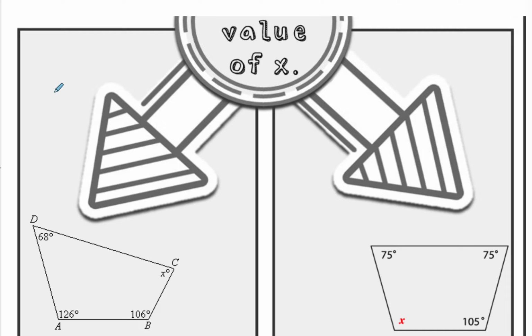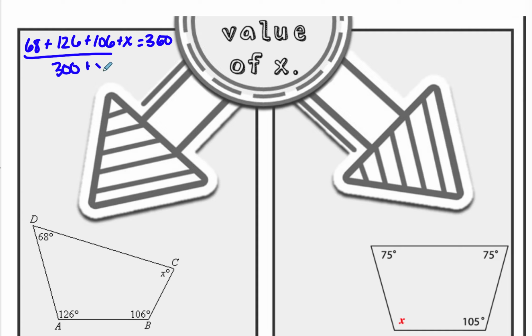Okay, let's take a minute to check our answers. So here I have 68 plus 126 plus 106 plus x equals 360. We're going to go ahead and add together the things that are like terms on the same side of the equation. So 68 plus 126 plus 106 equals 300.